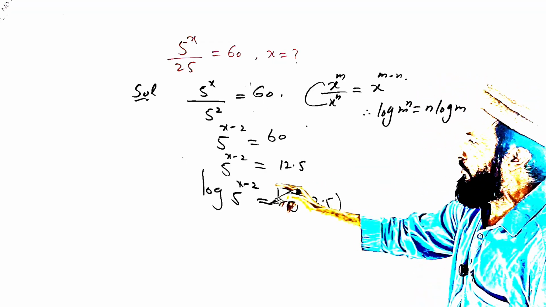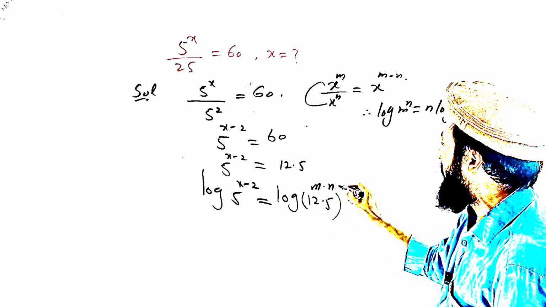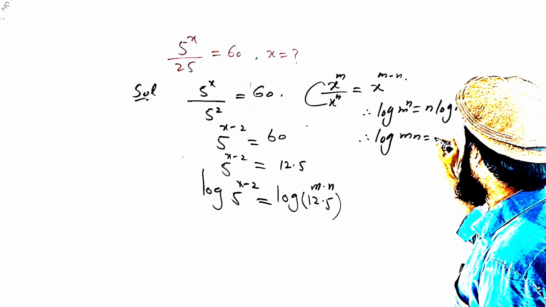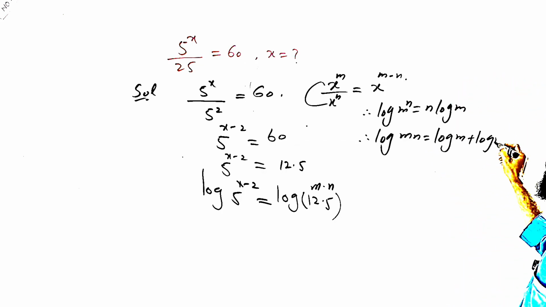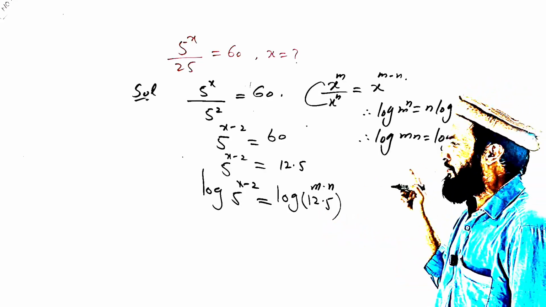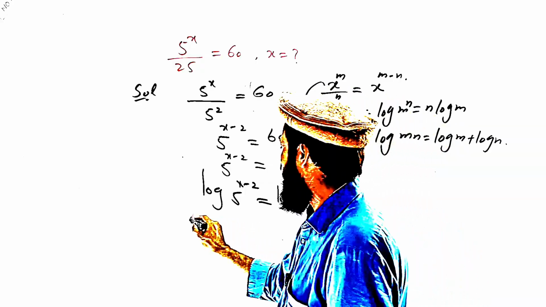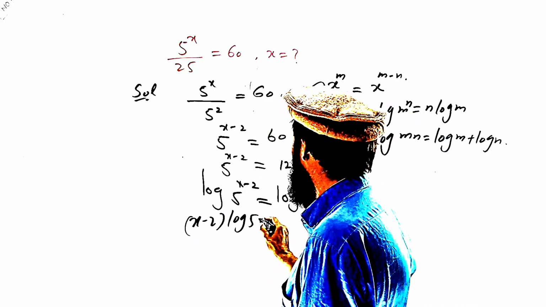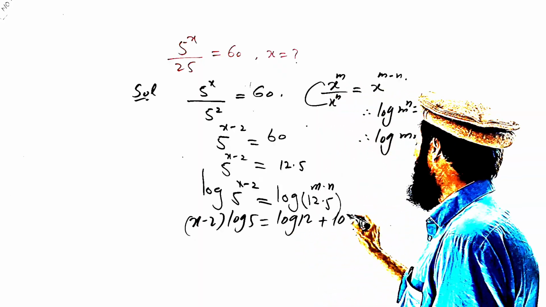According to the first rule, we are expanding this term, and here is the product, this will be considered mn, so log of mn is log of m plus log of n. We change the product into addition form, so we can write x minus 2 times log of 5 is equal to log of 12 plus log of 5.